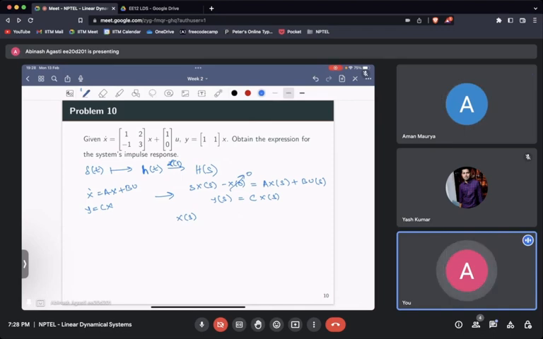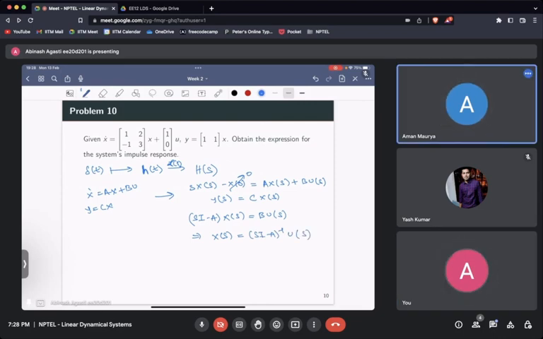So here we'll have (sI minus A) X(s) is equal to B U(s), right? This implies X(s) is (sI minus A) inverse B U(s).